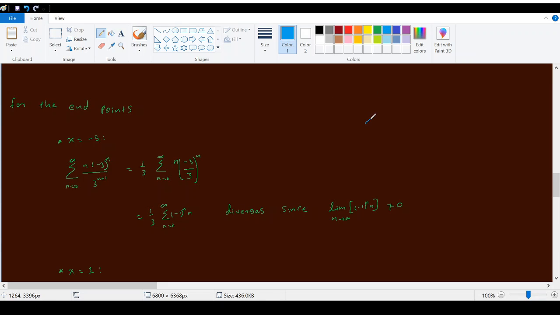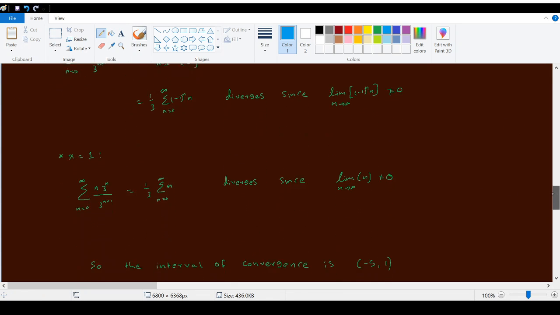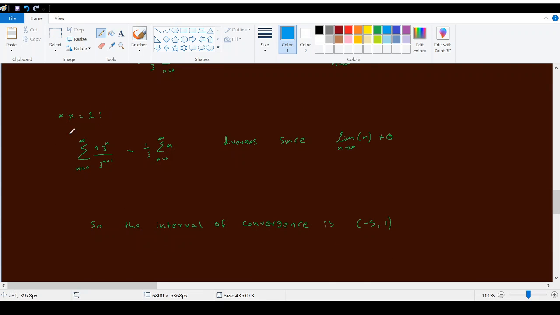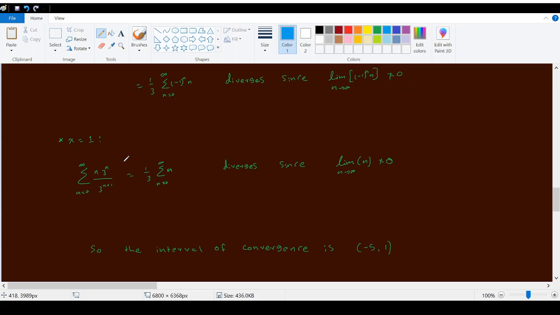Remember, for a given series, if the limit of a_n is not equal to 0, this is not the sequence of partial sums, this is just the sequence of the terms, then the series diverges. Okay, right. And then for the other endpoint you can follow the very same procedure, and from the divergence test you can once again say that the series diverges. So in this case, for both endpoints the series diverged.